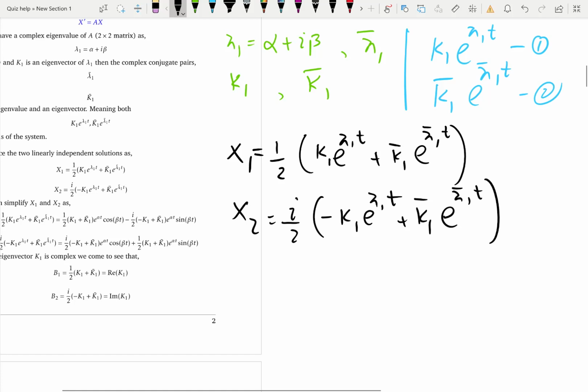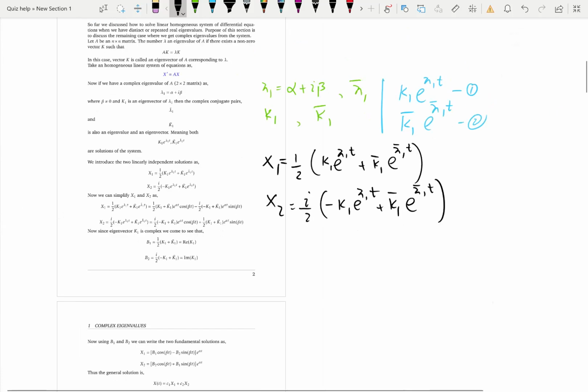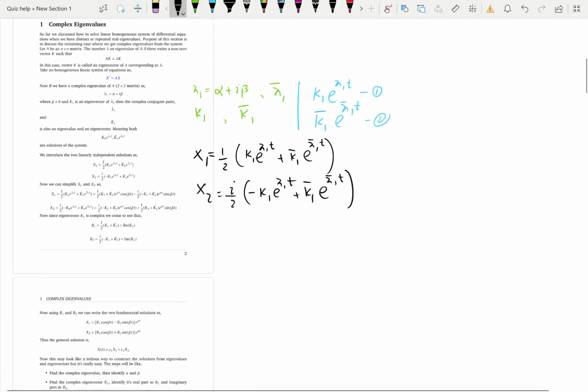Okay, so now we have x1 and x2. Now you will see there's a major difference between what I showed you in the last video and this video. Last video I had sine beta, cosine beta, and how did I get them? Here's how I got them. We have this famous identity, which is really an analog of section 4.3.